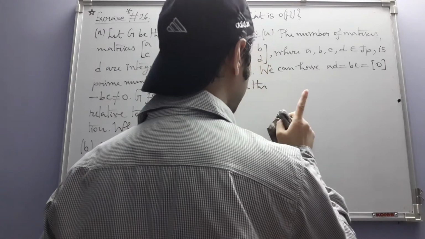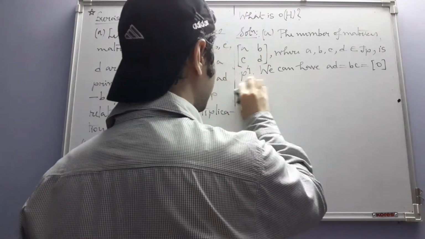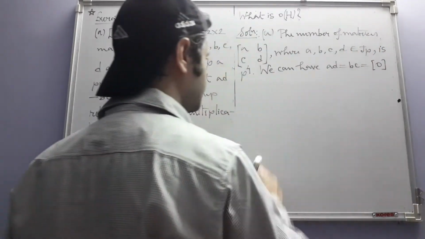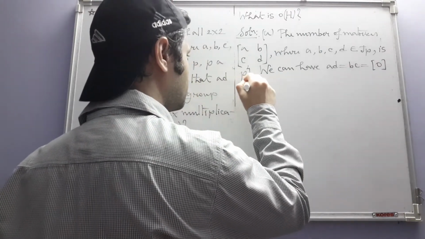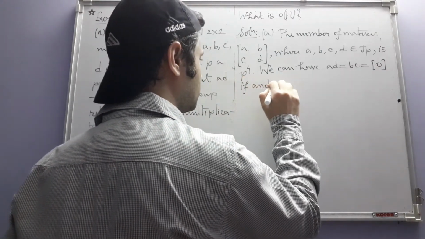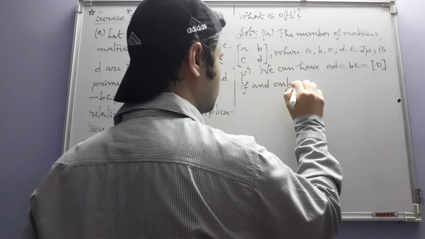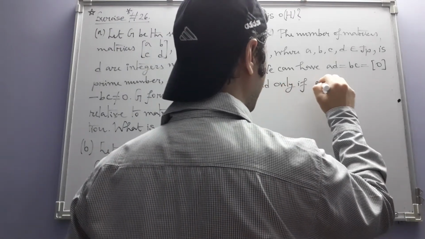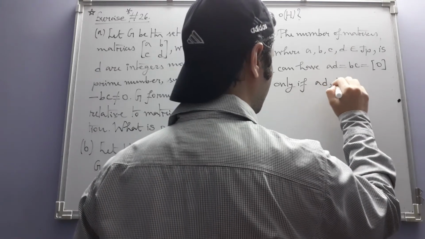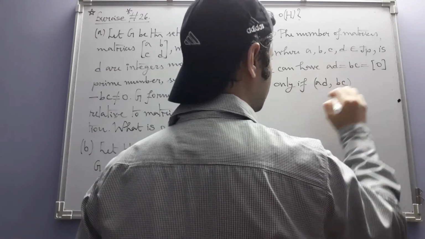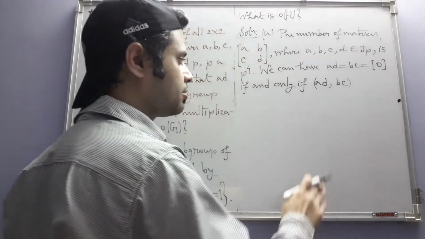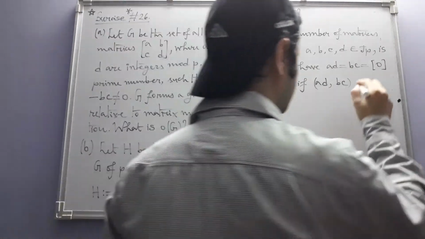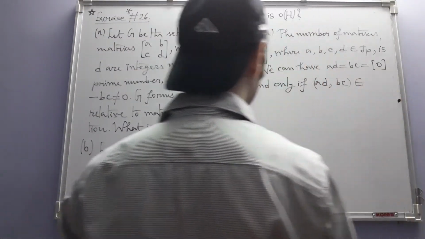We can have this if and only if AD, BC, this is an ordered pair, belongs to this set.